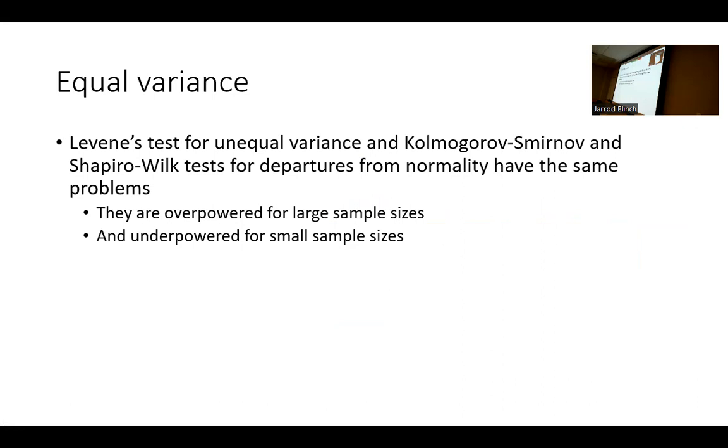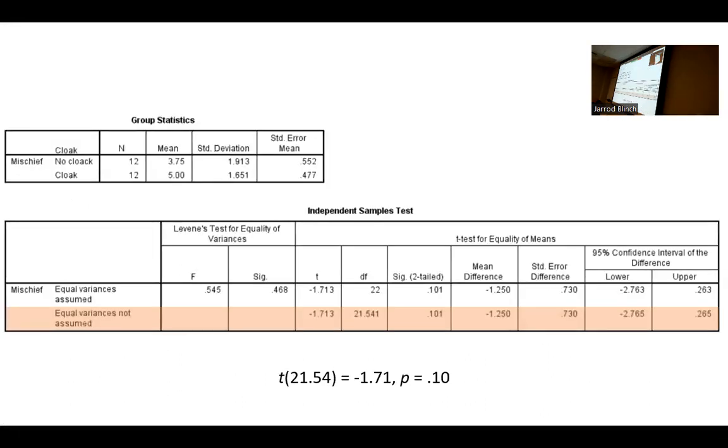So Levene's test, like the tests for normality, they have the same problem. They're overpowered for large samples and underpowered for small samples. Okay. So let's say we had unequal group sizes and we violated the assumption of equal variance. What do you do?